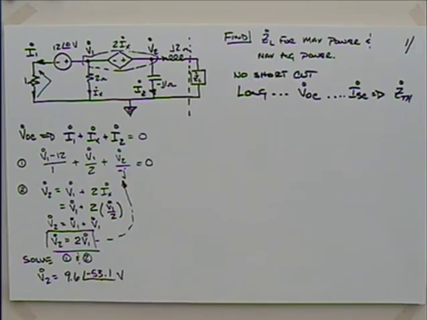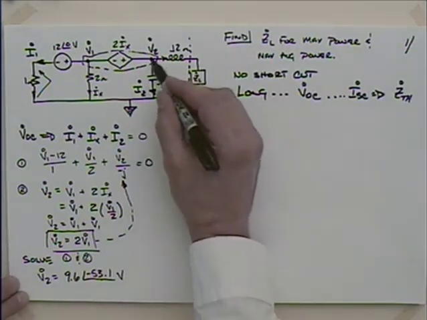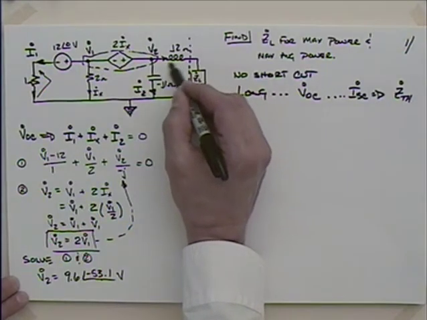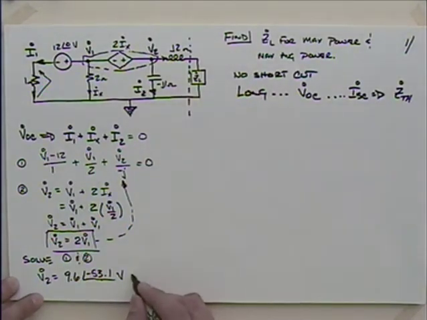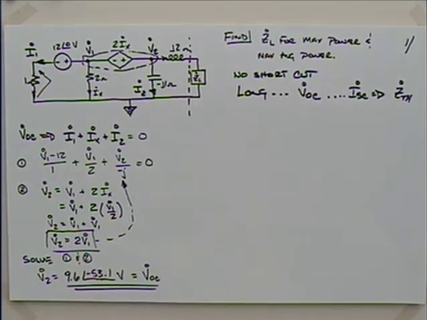And why am I interested in that? Because there's no voltage drop across this inductor, since there's no current going through it, so V2 has to be equal to V open circuit, doesn't it? Okay, that's V open circuit.